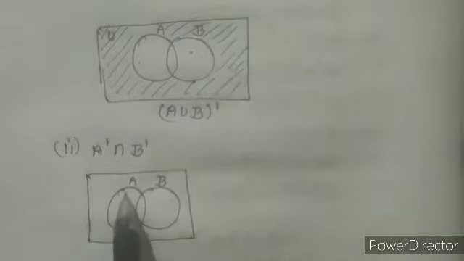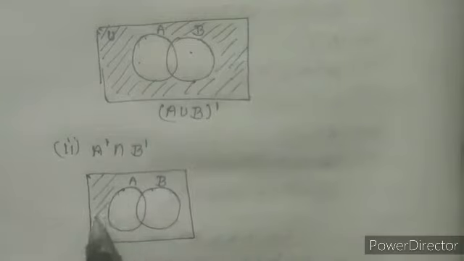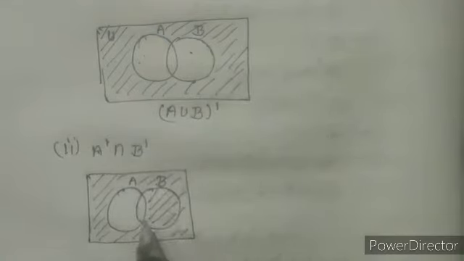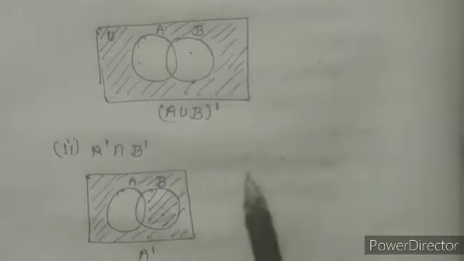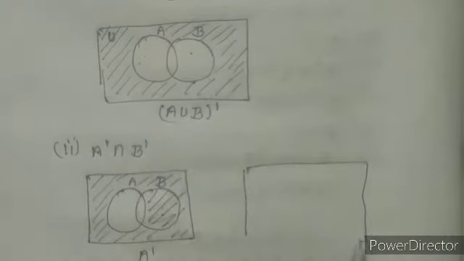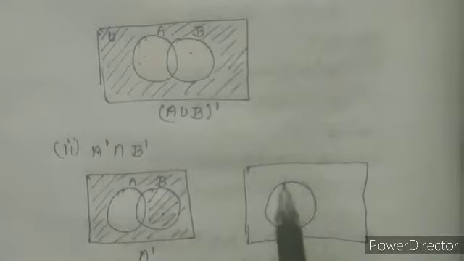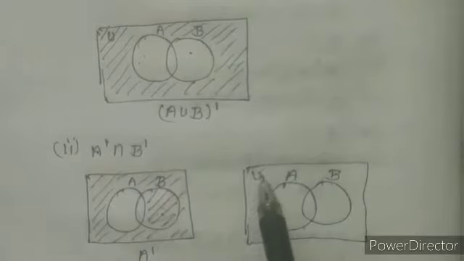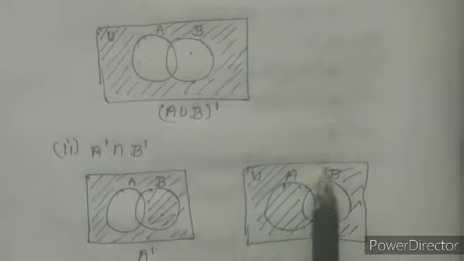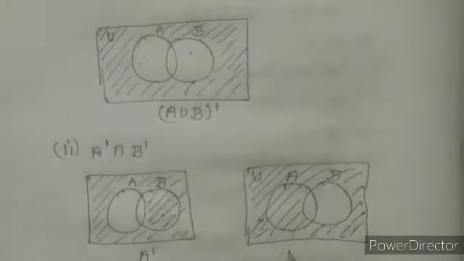A complement will have all the elements of the universal set except set A. That means the elements of set B will also come in this. This one is A complement. Now B complement will contain all the elements of the universal set including the elements of A, and this will represent B complement.